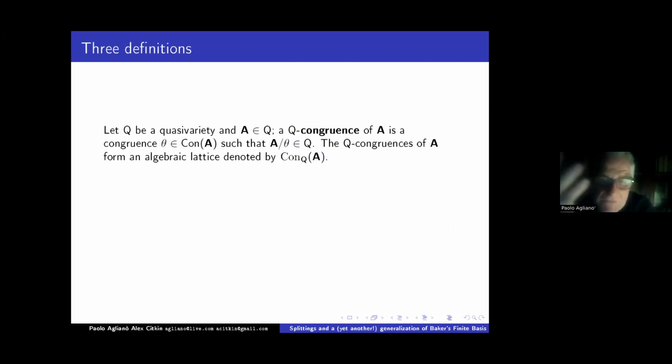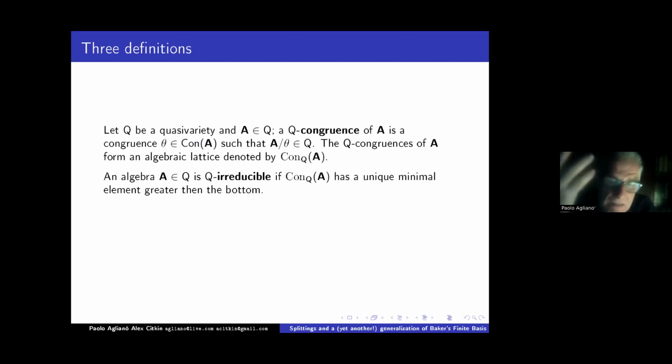Now, the three main definitions we've used are these. The first is the concept of relative congruence, which we call Q-congruence: a Q-congruence is a congruence of an algebra such that the quotient belongs to the quasi-variety. It's an old result, by Maltsev I think, that the Q-congruences form an algebraic lattice, which we denote by Con_Q(A). An algebra is Q-reducible, or relatively subdirectly irreducible, if Con_Q(A) has a unique minimal element greater than the bottom.